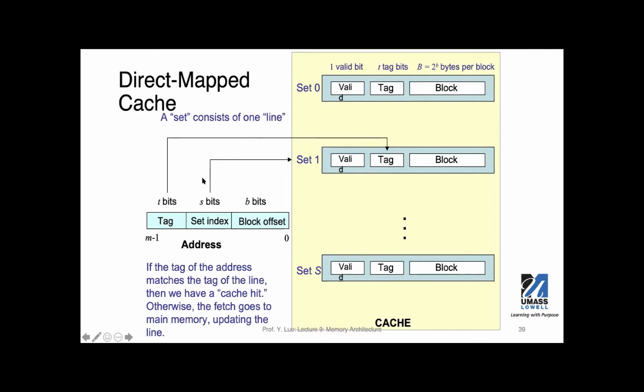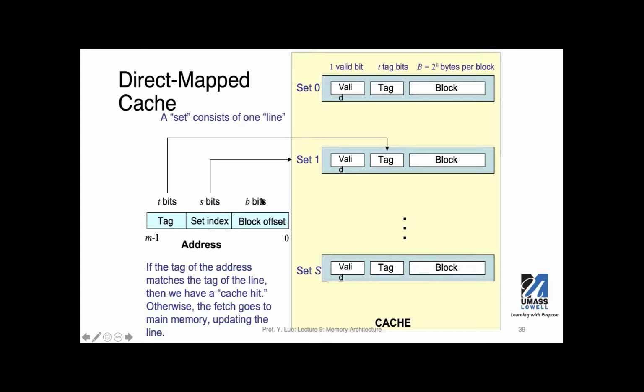And then the next set of bits is called the set index. The set index is the bits we use to find out which set we're going to be looking in for the data blocks. It depends on how many bits we use here. Let's say we have another 8 bits.